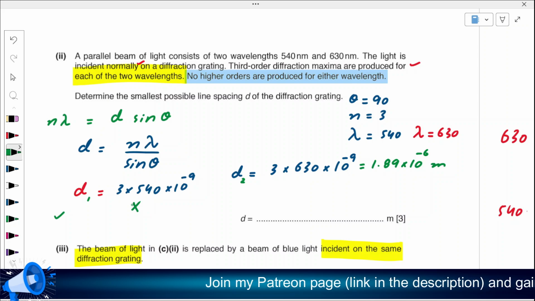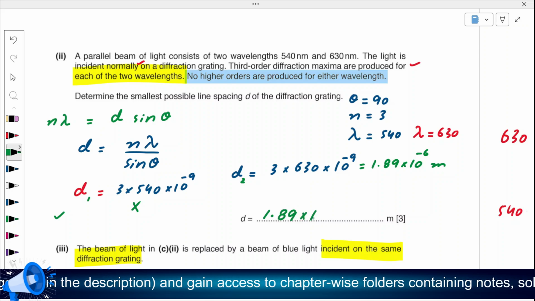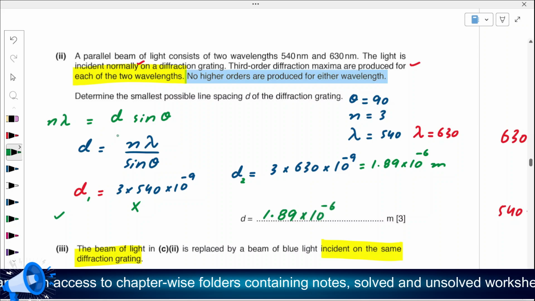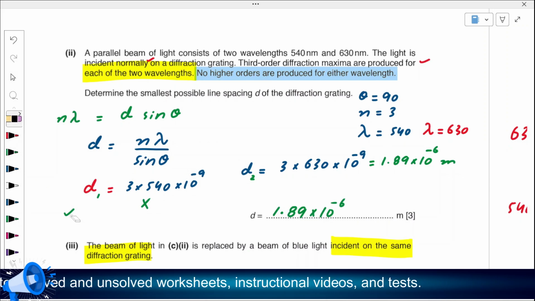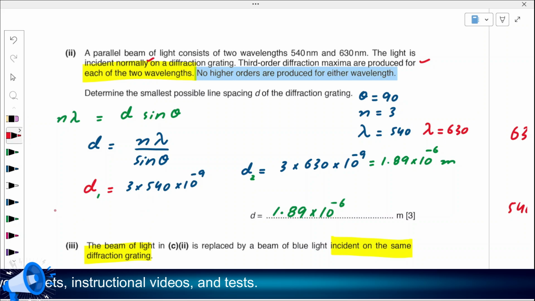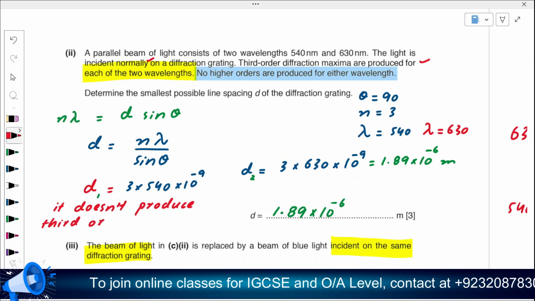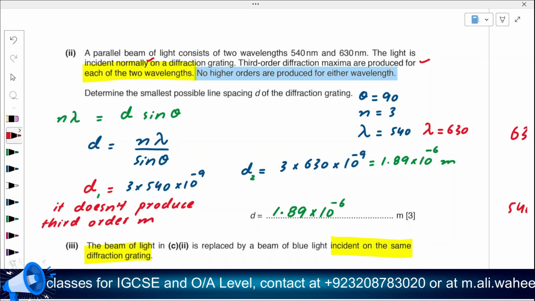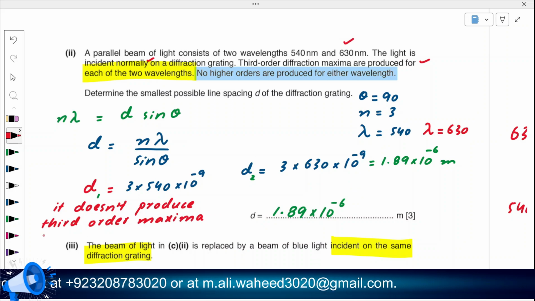Now the only distance possible is 1.89 into 10 to the power minus 6. So although the first value of d1 is smaller, the problem is it doesn't produce third order maxima with the wavelength of 630.